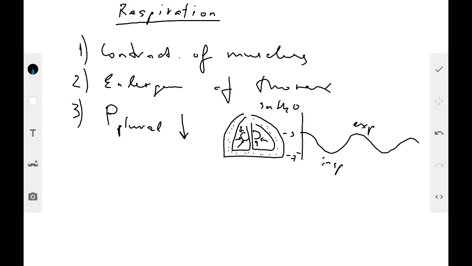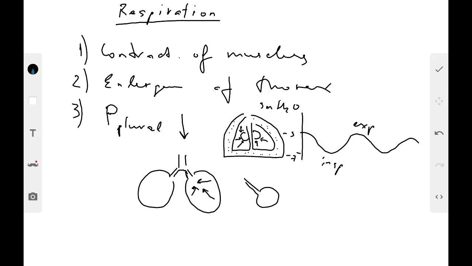What are the components of this elastic power? The first component of this mechanism is the surface tension, the surface tension of the water layer covering the alveoli inside.